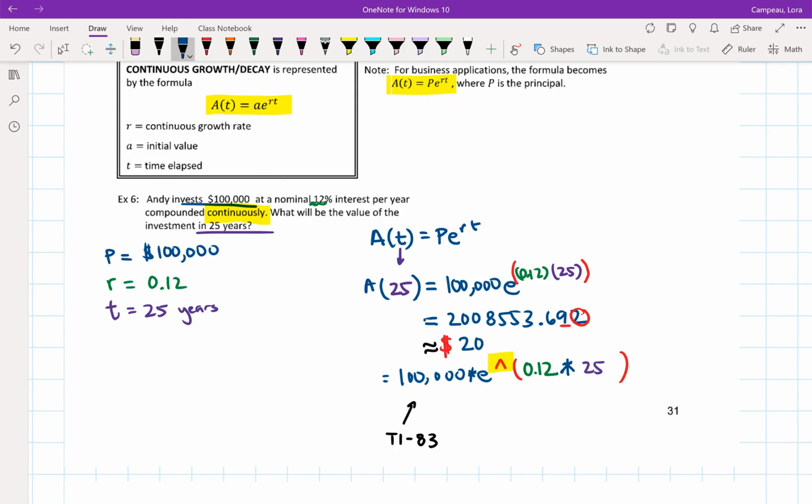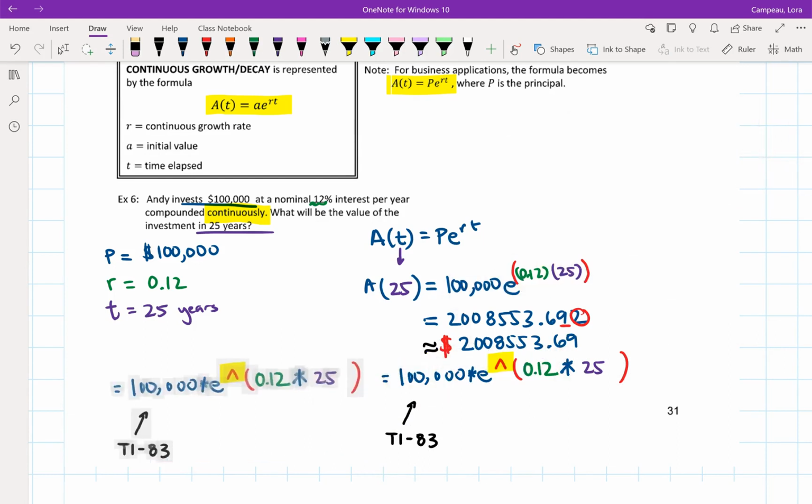Oh, actually, I should be a little more precise with my commas. Let's work backwards. I'll move this over here, our TI-83 work, just to remind ourselves.